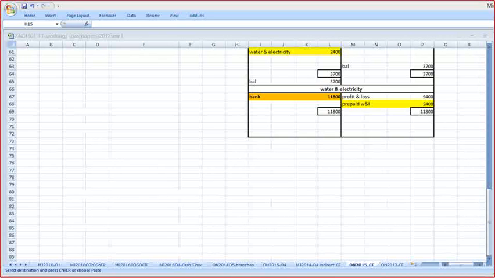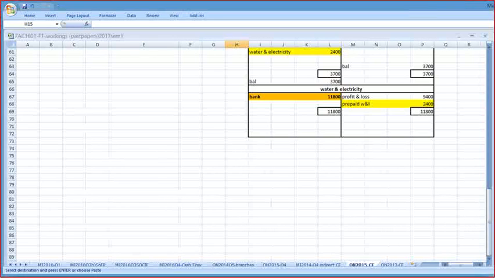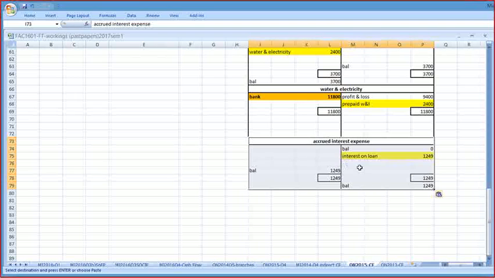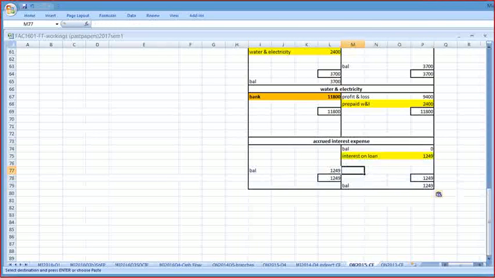So the interest on the long-term loan is 4,996. So with the accrued interest expense, the balance is going to be on the credit side. So the opening balance is 0. The closing balance is 1,249. And then the balance on the debit side is going to be 1,249.